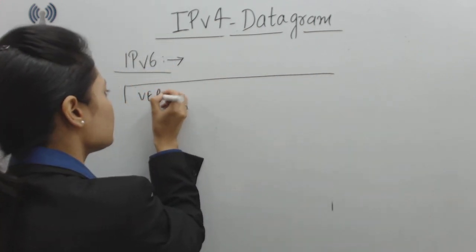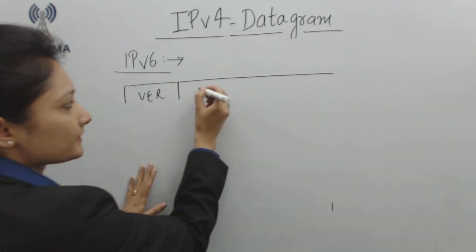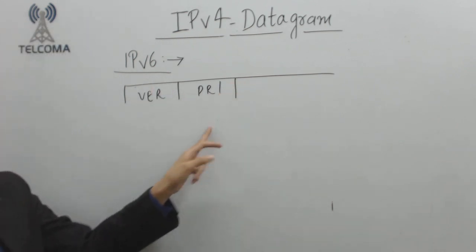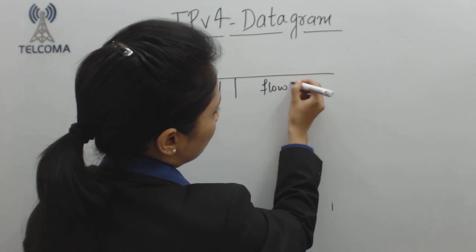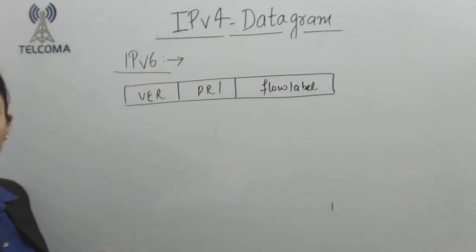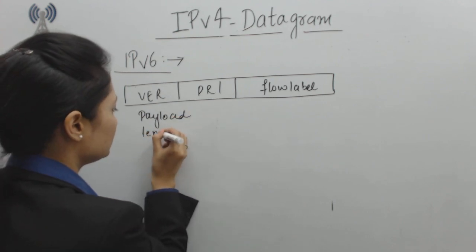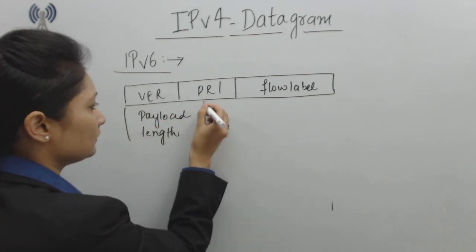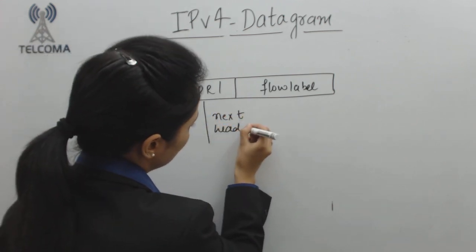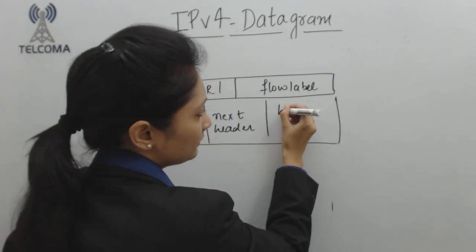you have those three fields, like a base header and payload, and then in your base header you are having these fields. This is the version field, priority field, then you have flow label, payload length, next header, and then hop limit.